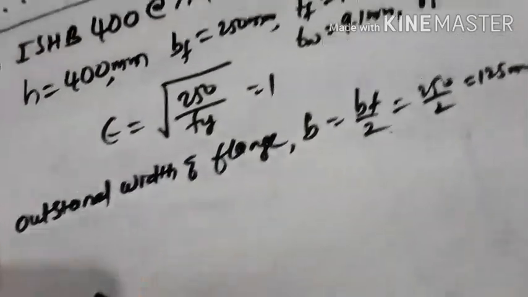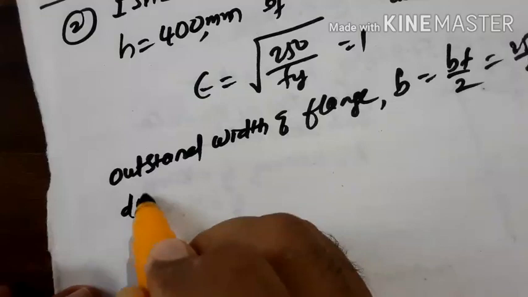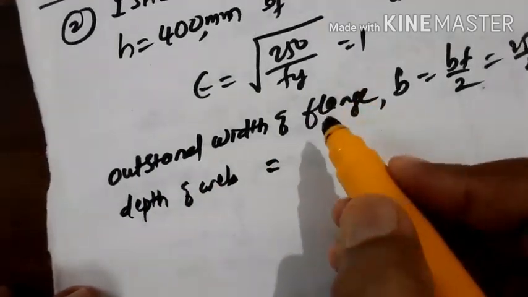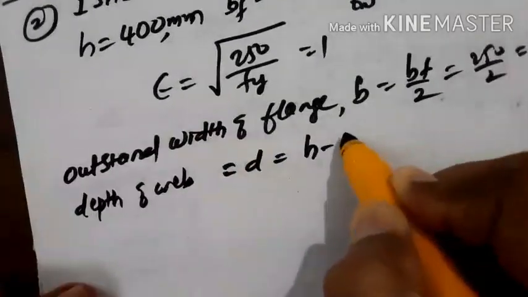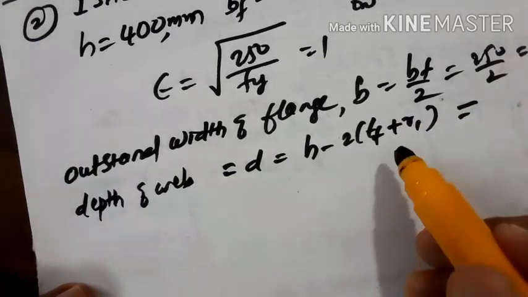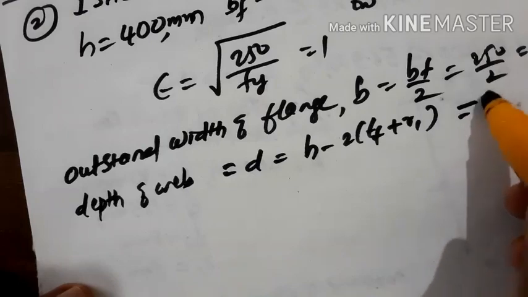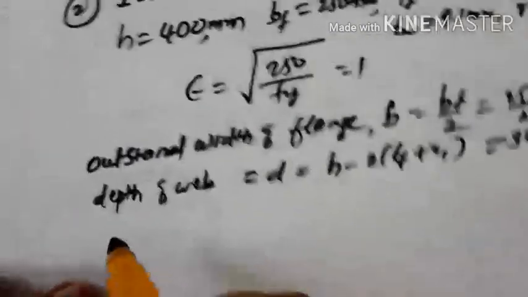Then depth of web, we get depth of web as D equal to H minus 2 into thickness of flange plus R1. So when you substitute the thickness of flange and R1, you will be getting 346.6 mm.